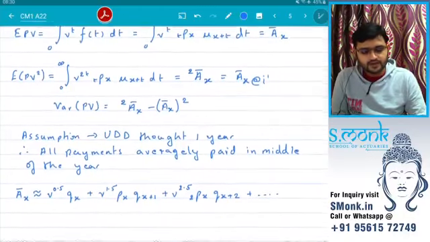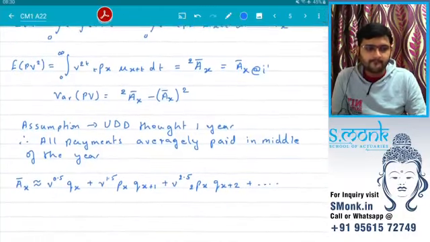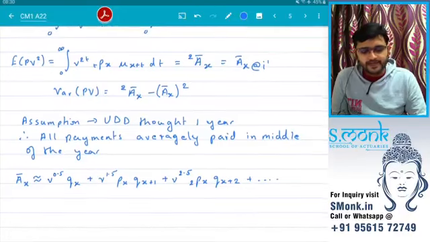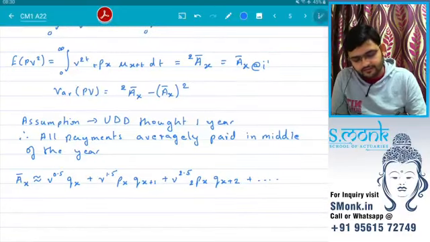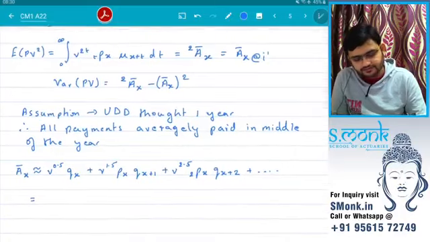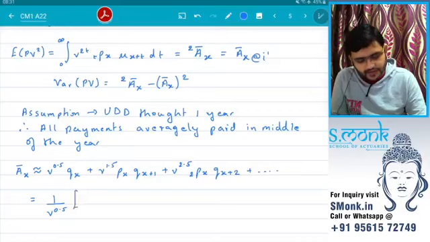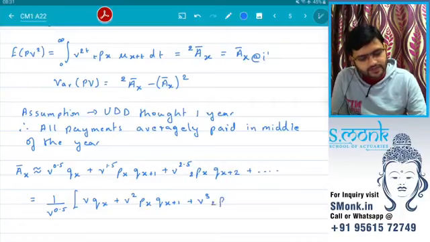Okay. Now, if I multiply and divide v raised to half, so 1 upon v raised to 0.5, I will get v qx plus v square px qx plus 1 plus v cube 2px qx plus 2, and this goes on forever.